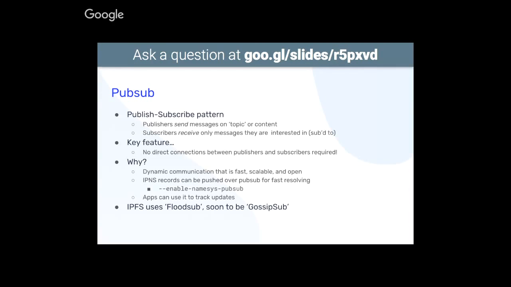So it's a pretty simple concept where we have publishers publishing content or information or messages on a particular topic, and subscribers who are receiving those messages. The key feature here is that there's actually no direct connection necessarily between publishers and subscribers. So this makes for a pretty powerful communication system, and it's perfect for something like a distributed network of peers like this, where not everyone is connected to everyone else.